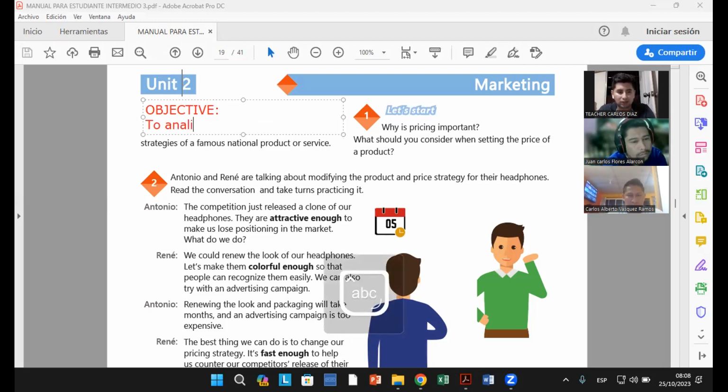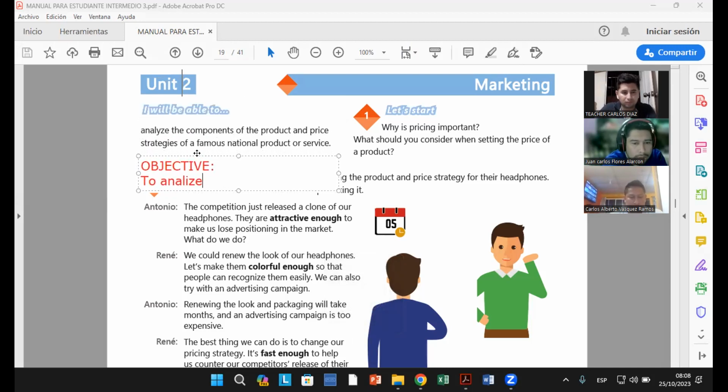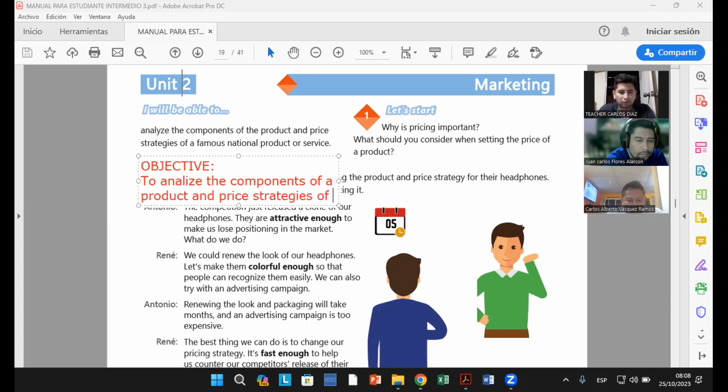So today we are going to analyze the components of a product and price strategies of a national product or service.